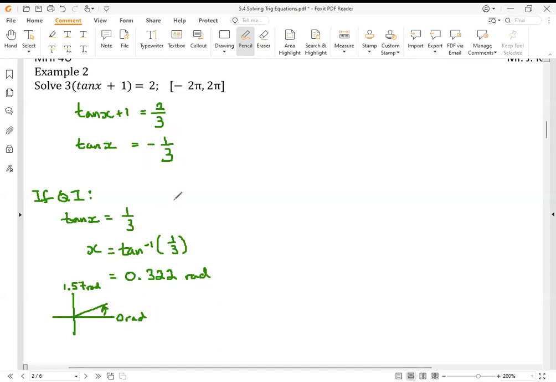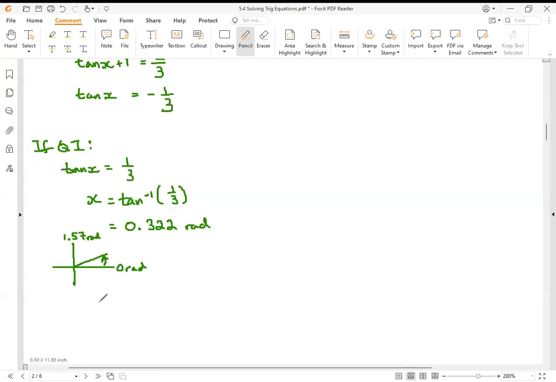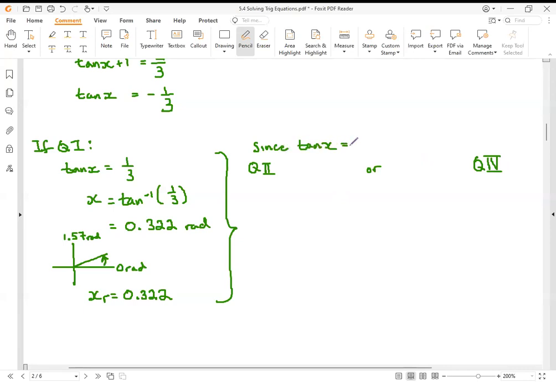Because tangent is in quadrant CAST 2 or in quadrant CAST 4, since tangent x is negative, what is my angle?